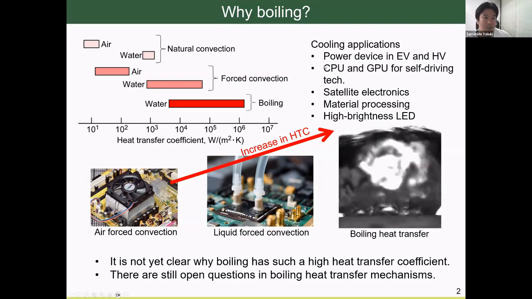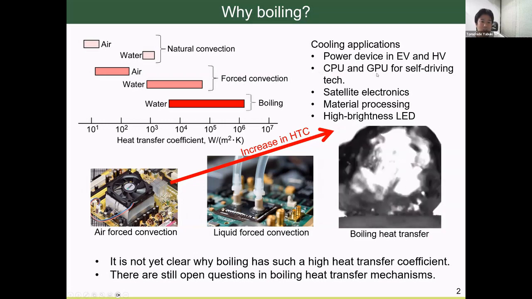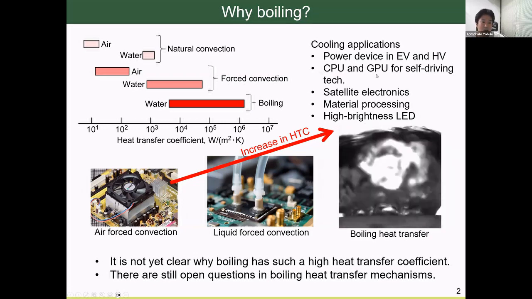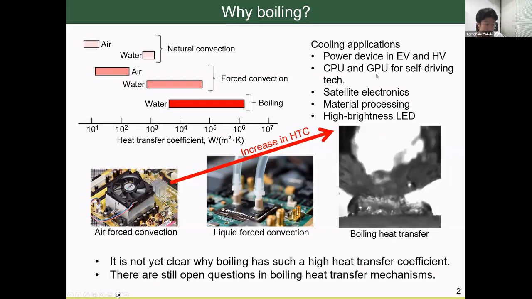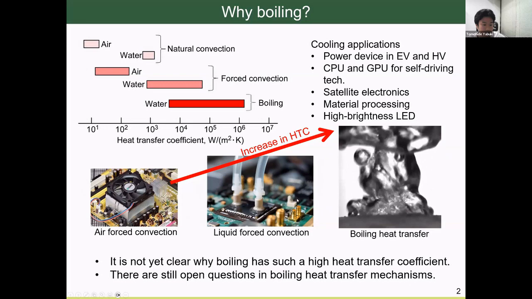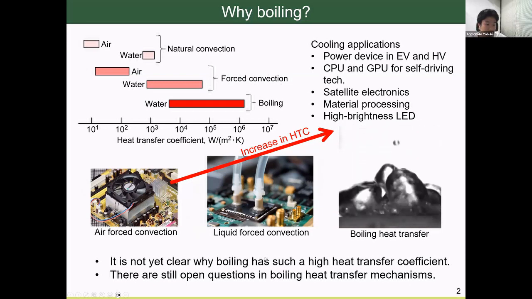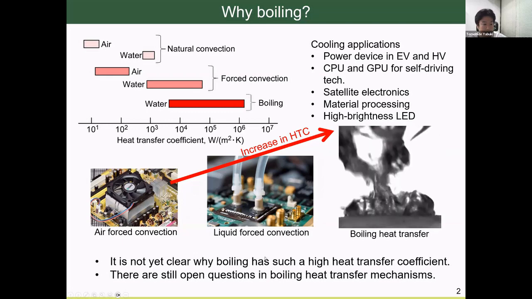For example, the cooling of power devices and CPU and GPU for self-driving technology, and also satellite electronics. But it's not yet clear why boiling has such a high heat transfer coefficient, and there are still open questions in boiling heat transfer mechanisms.